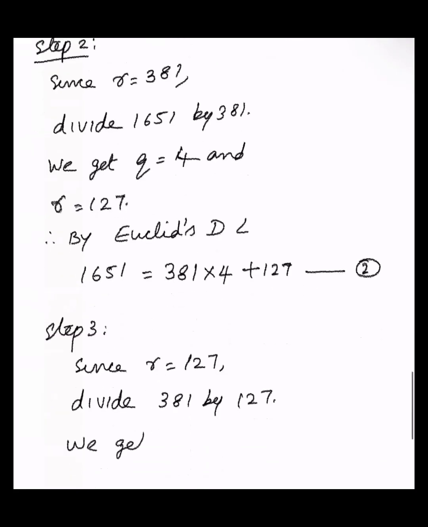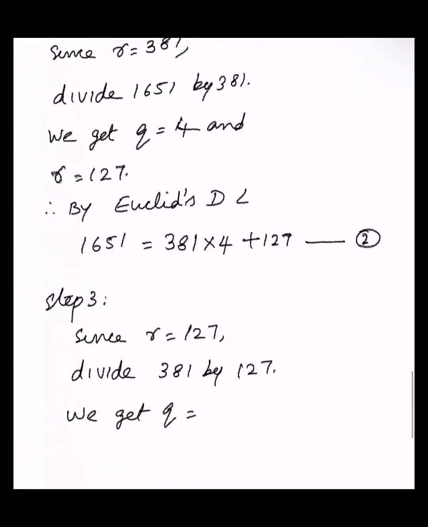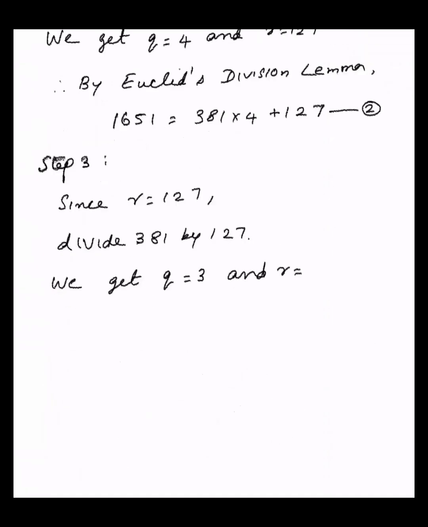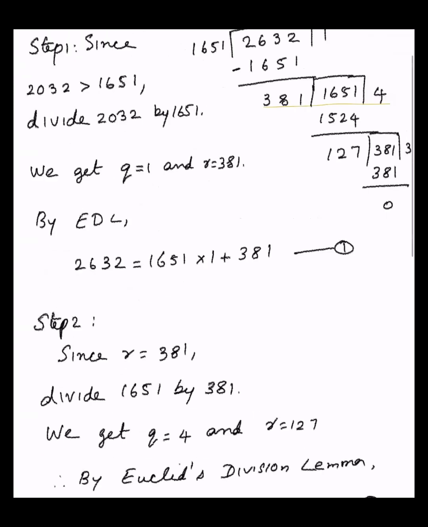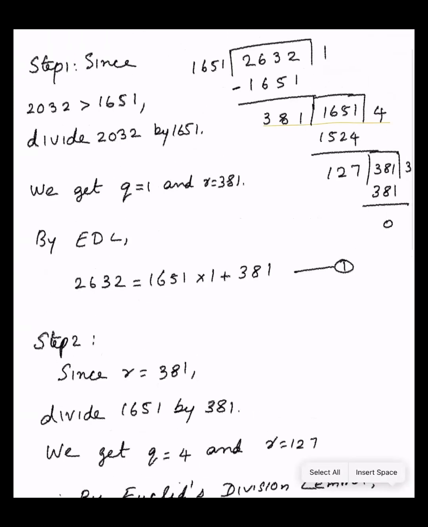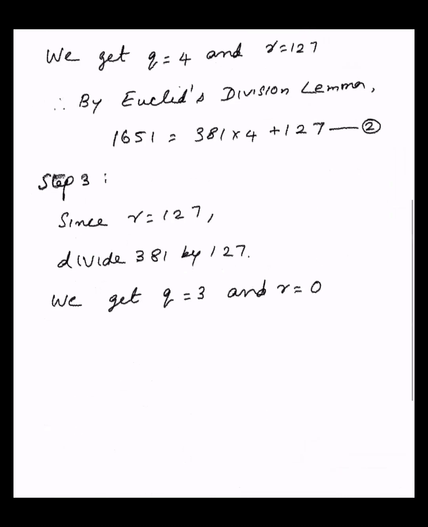We get Q equal to 3 and R equal to 0. When you divide 381 by 127, you get a remainder of 0. So here we get Q equal to 3 and R equal to 0.